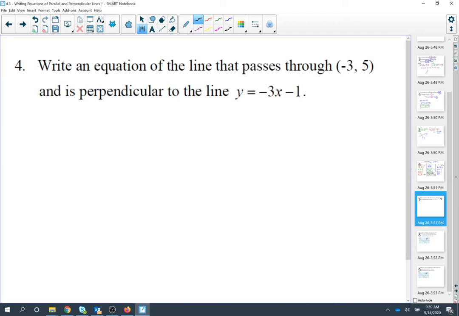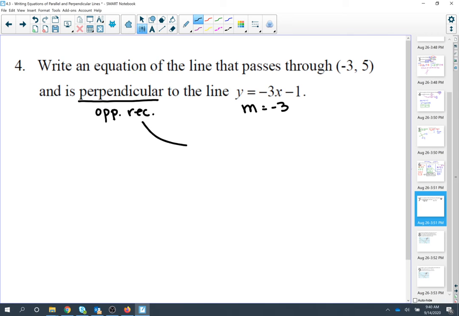Example 4. Write an equation of the line that passes through the point -3, 5 and is perpendicular to the line y equals -3x minus 1. Now, if we're going to be perpendicular, that means our slope has to be the opposite reciprocal. So right now, the slope of this line is -3.